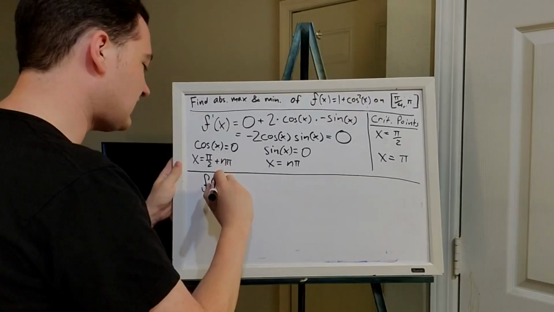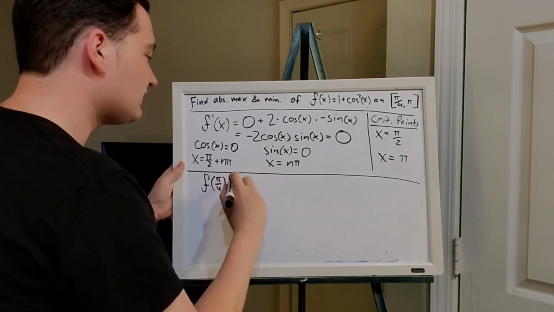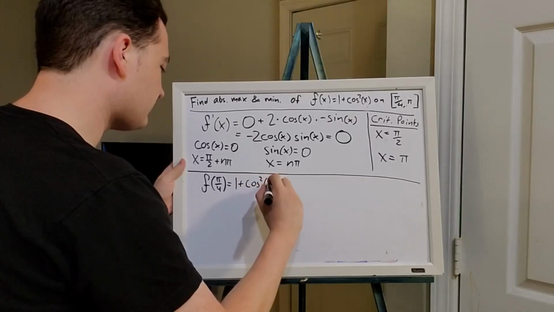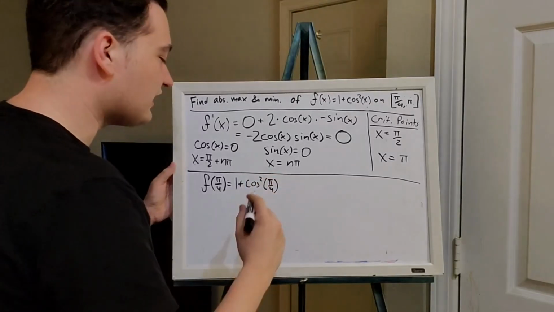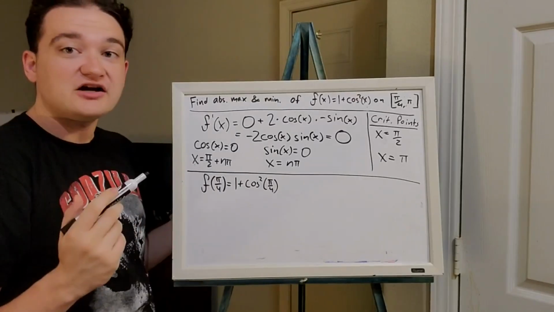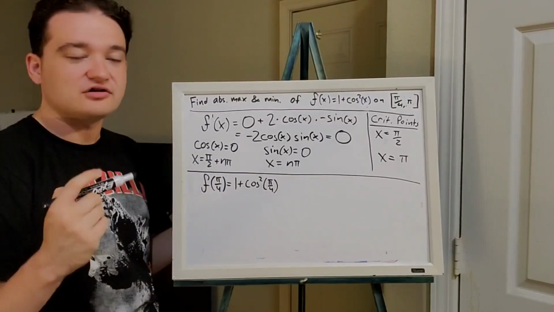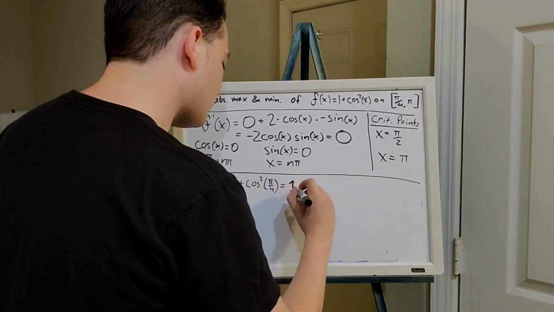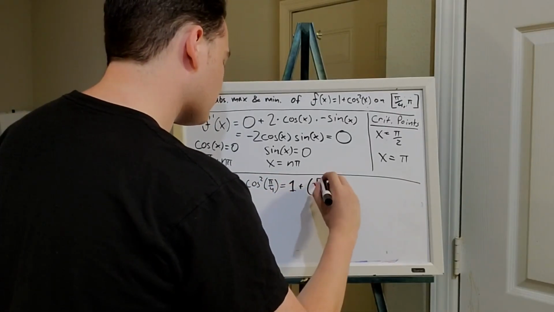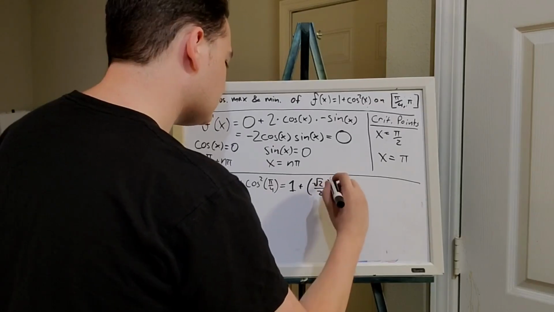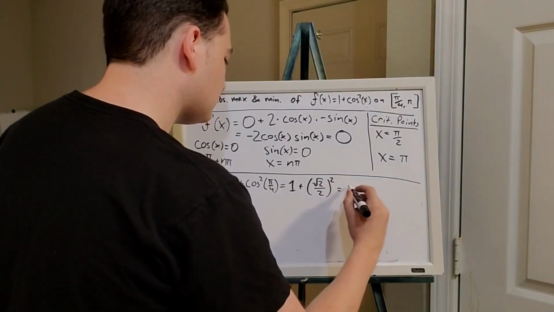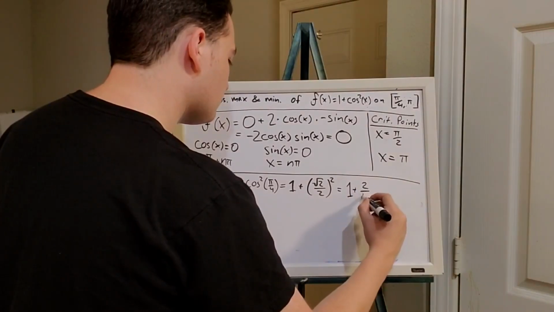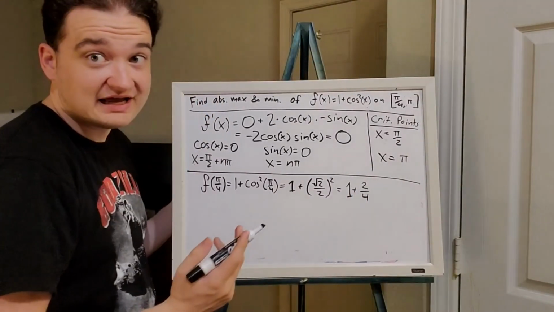F of pi over 4 equals 1 plus cosine squared pi over 4. Well, cosine of pi over 4 by the unit circle is the square root of 2 over 2. So we're going to have 1 plus the square root of 2 over 2 squared. So we have 1 plus 2 fourths, or 1/2.